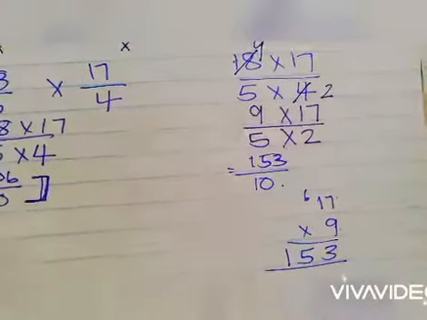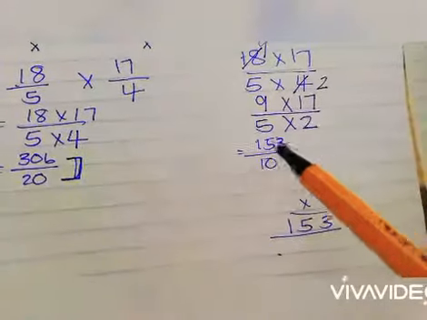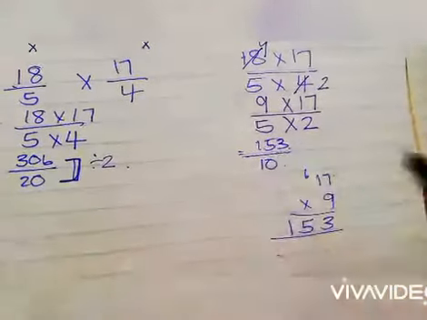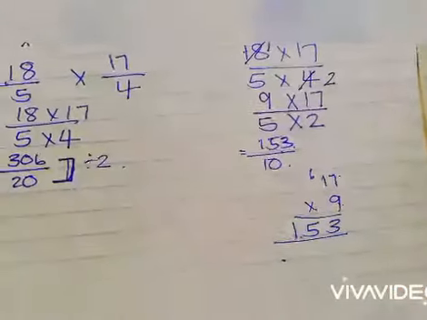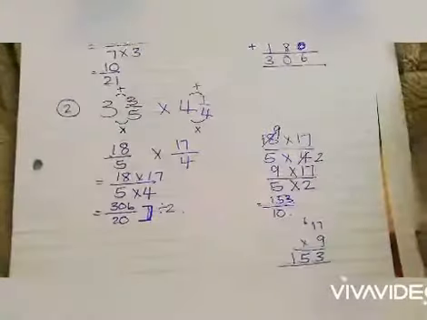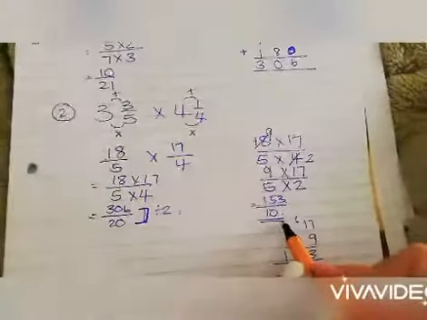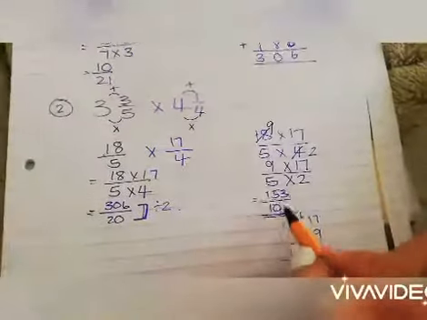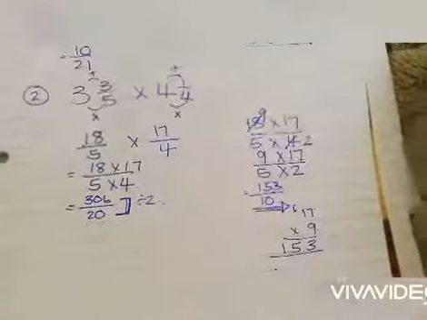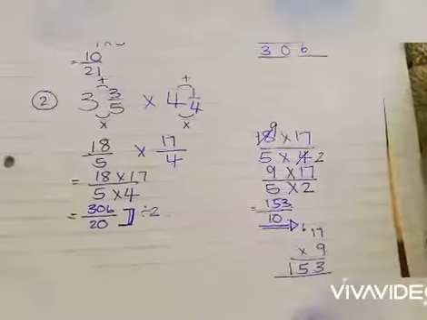Otherwise, if you look at this, this will give you pretty much the same answer. So if you divide this by 2, you should get the same answer as that. So it's kind of like skipping a step almost. But yeah, that is it. And then your simplified answer is your final answer. Just see if it can be simplified. I don't think it can, but if it can be simplified further, then you can simplify it further. Otherwise, that is it.